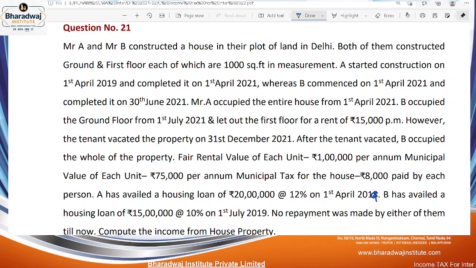Now, what is the pre-construction period? For A, 1st April 2019 till 31st March prior to the completion of construction. So, 1st April 2019 to 31st March 2021 it will come for A. For B, think what will be the pre-construction period?